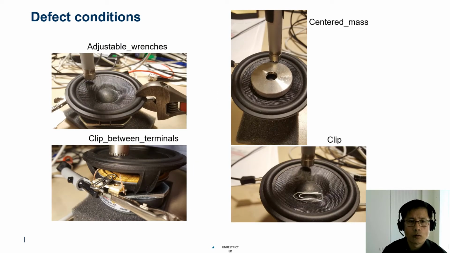This slide shows the defects that we made to create the artificial artifacts. Two of the defects, for example, banker wrench in the upper left corner, as well as the centered mesh condition, are significant modifications, so that even with the lower excitation level, we could clearly hear the BSR noise.